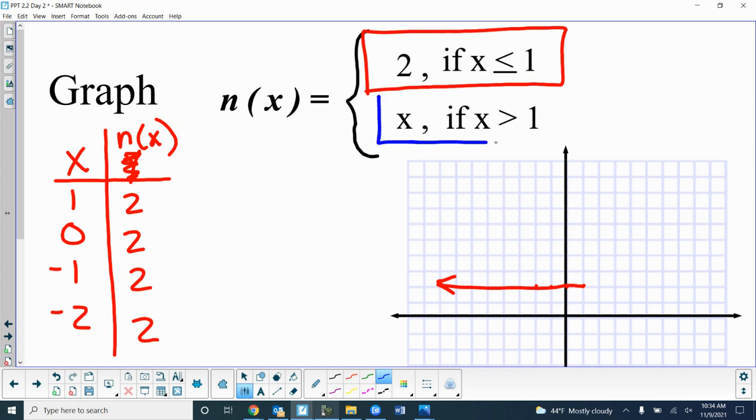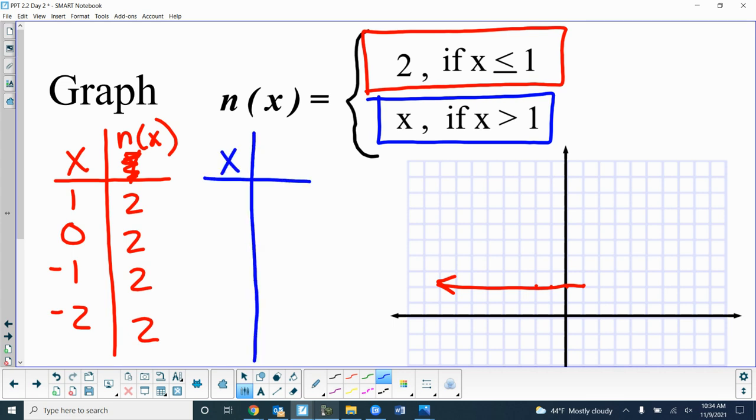What's the blue piece look like? What numbers should I use for x now? Anything above 1, right? So 1 point whatever, right? And 2 and 3 and 4, right?